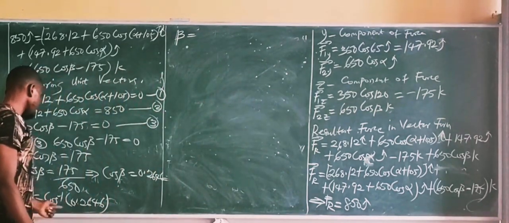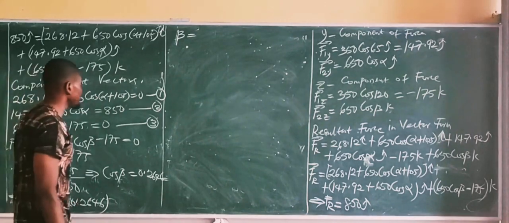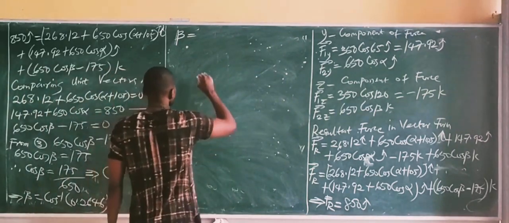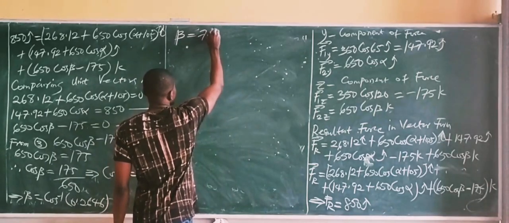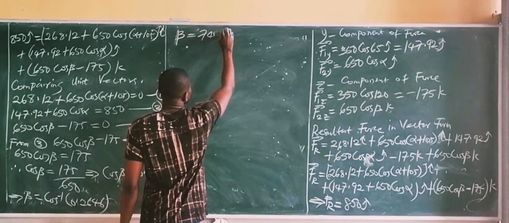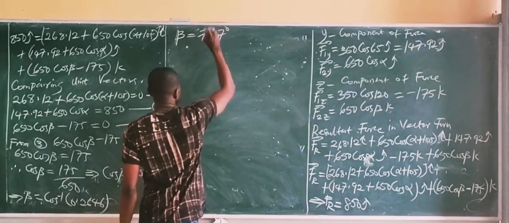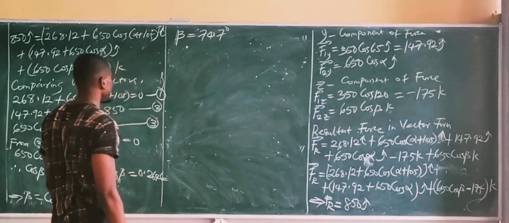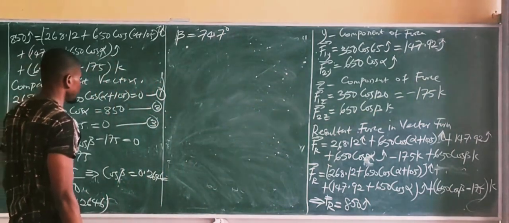Have you taken cos inverse? Yes. What do you have? 74.66568, which is 74.7 degrees. So the value of beta is actually 74.7 degrees.